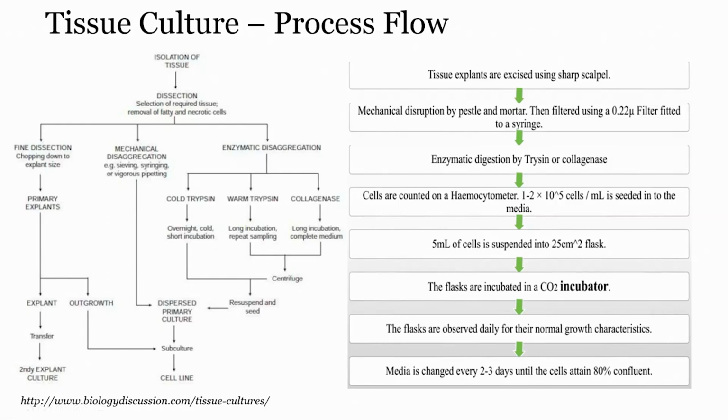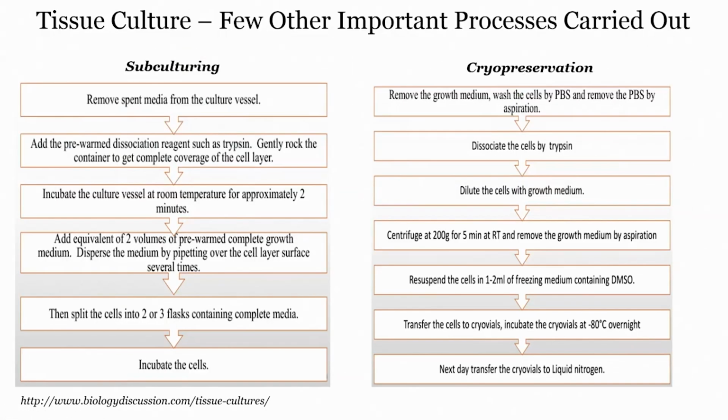Now, other important processes are carried out such as subculturing and cryopreservation. So, if it is subculturing, how is it done? Okay. So, remove the spent media from the culture well or vessel, then add pre-warmed dissociation reagent such as trypsin, gently rock the container to completely cover the entire layer, right, which is the cell layer.